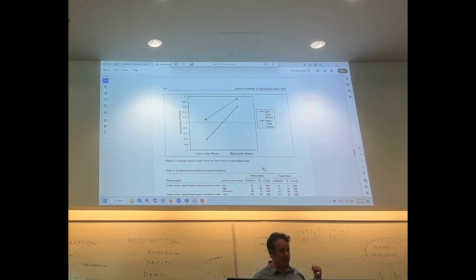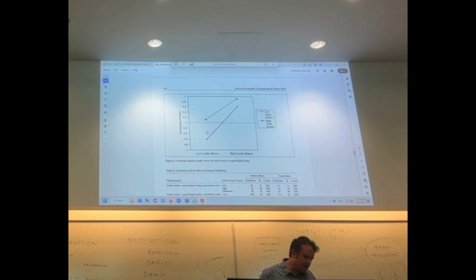Now yesterday I was recommending doing quartiles, like 25th, 50th, 75th percentile. They did it binary instead: low leader humor, high leader humor, low team humor, high team humor. I guess it's simpler, fewer lines.